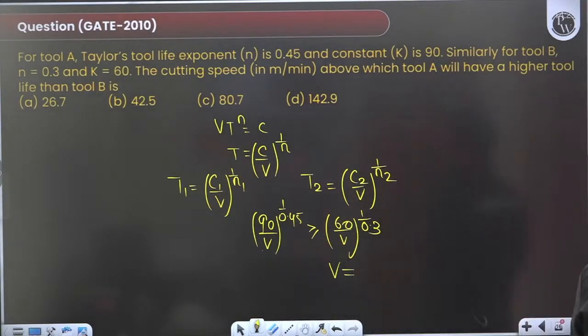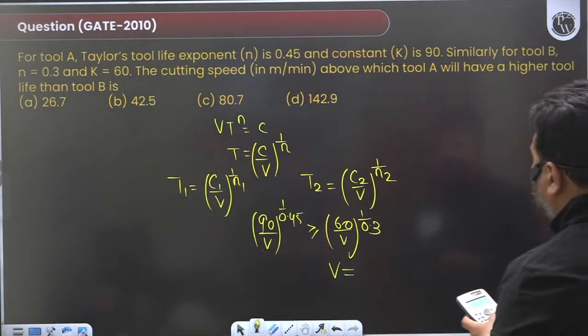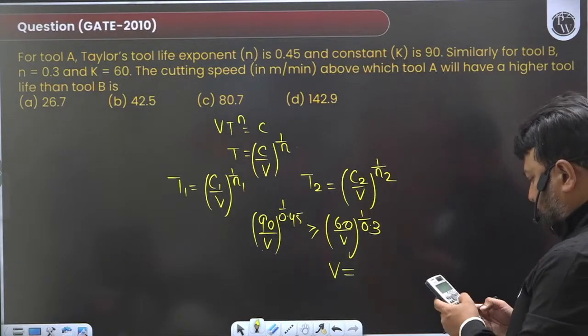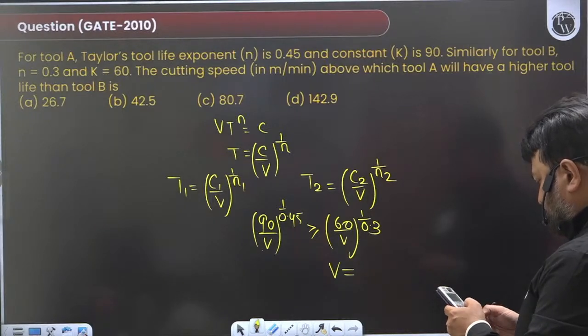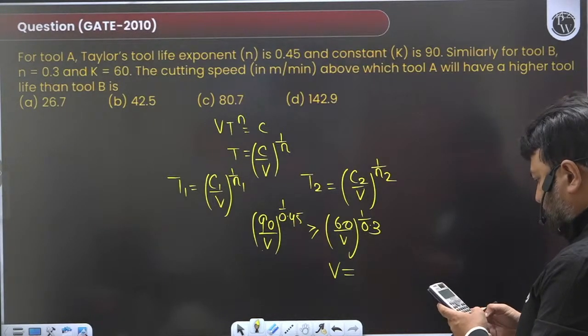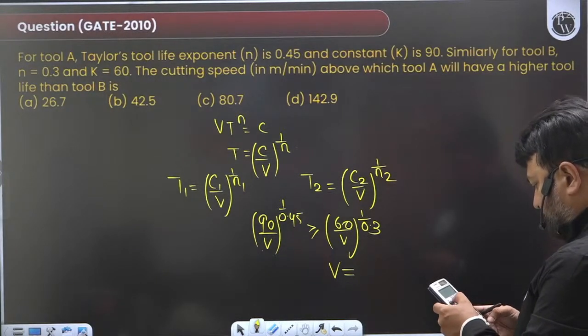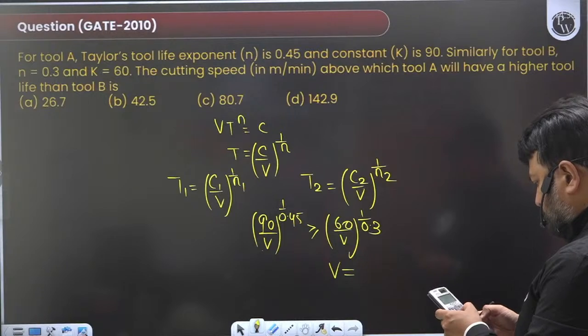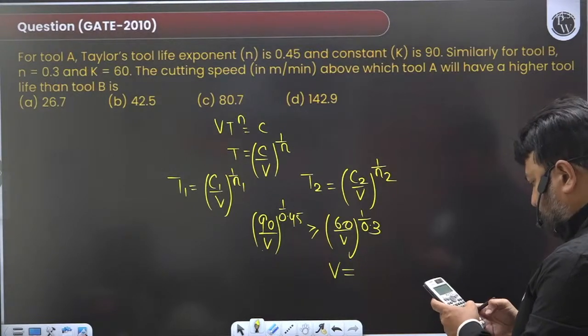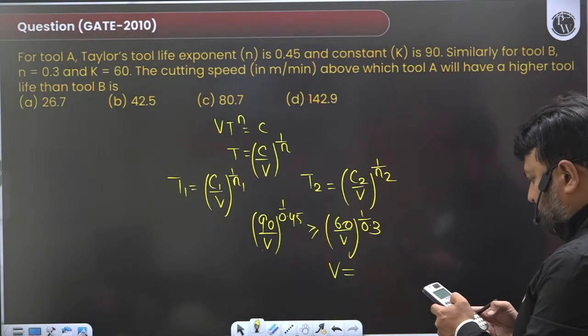So what is the tool life? What is the velocity in that case? Here 90 divided by 60, to the power 0.3 over 0.45, shift solve equal.